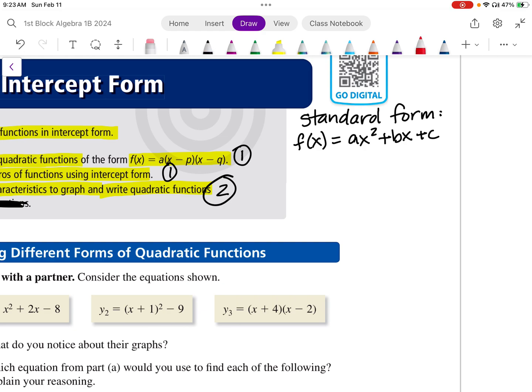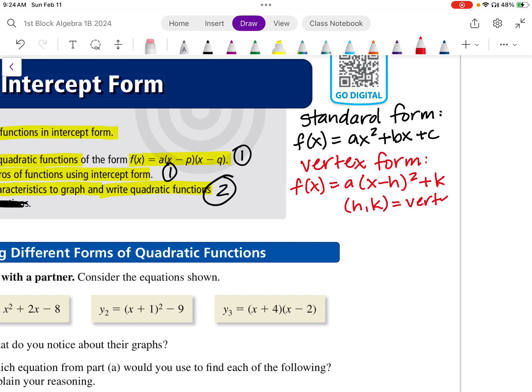And then we have vertex form. F of x or y equals, think about it. Do you know what it is? A times x minus h squared plus k, where h comma k is the vertex.